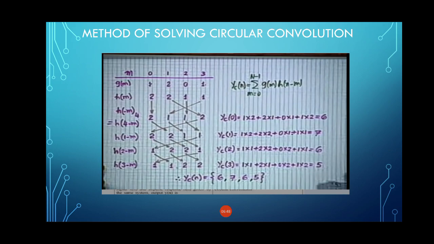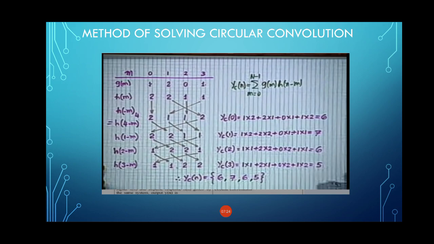First, if m is 0, we have h of 0, which is in our range. Now when m is 1, we have h of minus 1. Minus 1 is out of our range. To bring it back to our range, we add plus 4, that is h of 3. So h of 3 comes in the position of 1 for h of minus m.